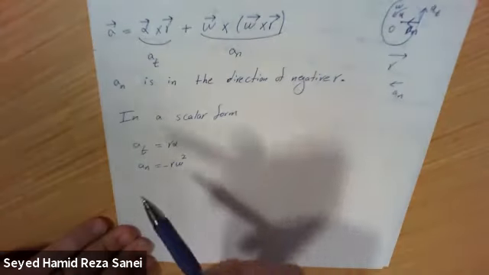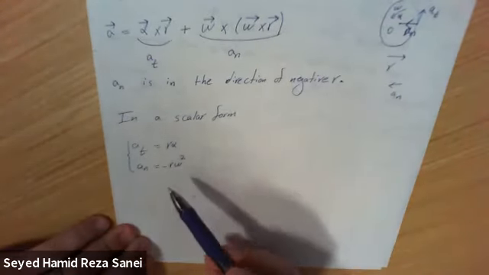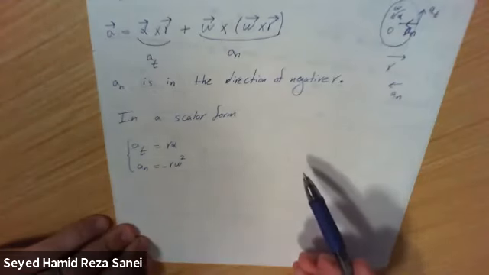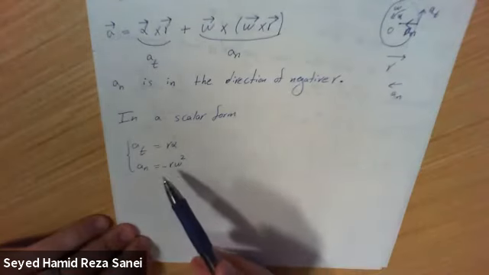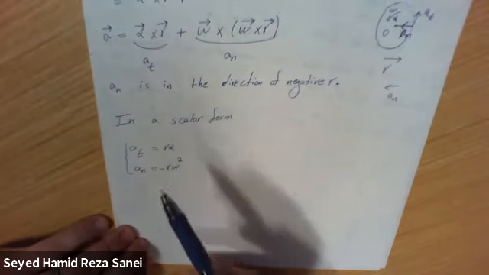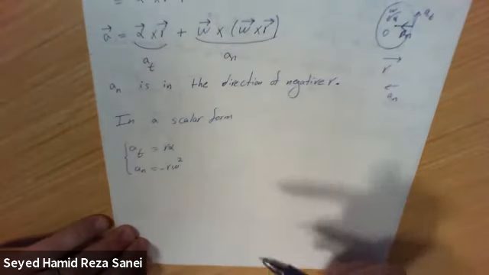That's a scalar form. A scalar form is much easier in 2D, where we can identify the directions by inspection. But in a problem that is difficult to visualize, where omega and R have multiple components, we have to use the vector form.